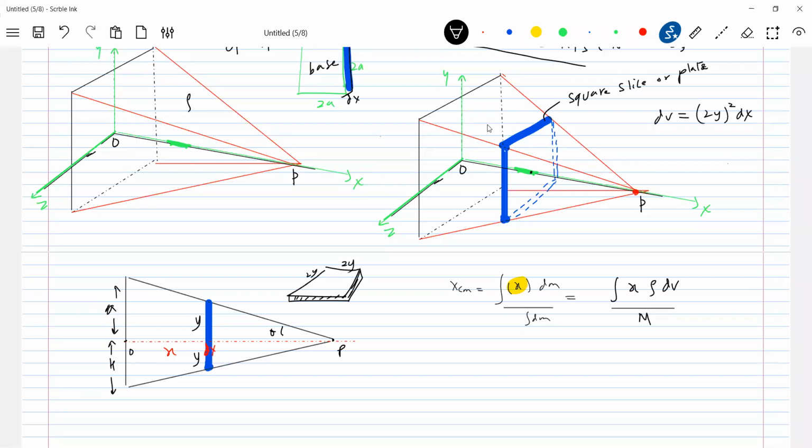Anybody, value of total mass of the square pyramid? One by three, it was like pi r square h, no? So your square pyramid volume in total will be 2a whole square h by 3. Volume of cone, similarly for square pyramid, the side length is 2a. So this should be the volume of pyramid here.